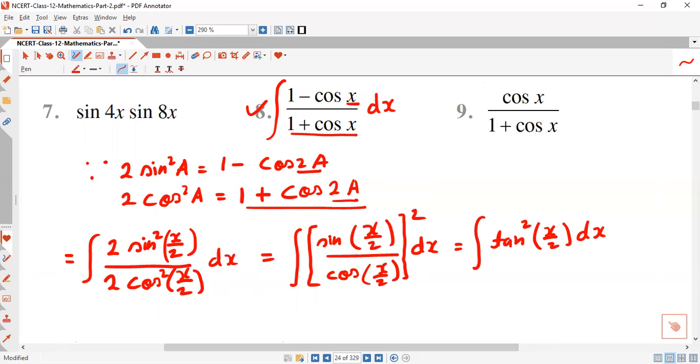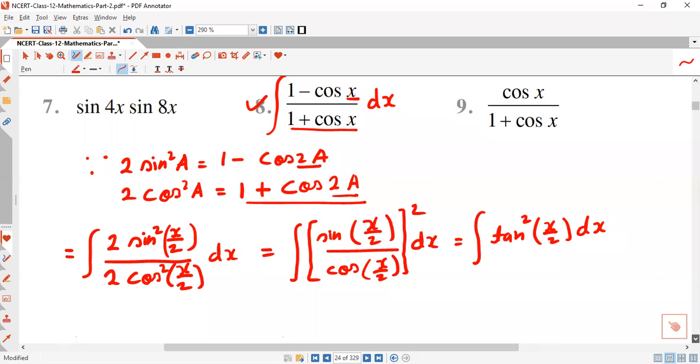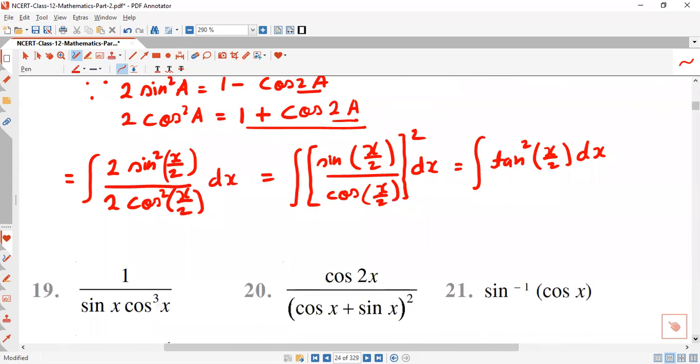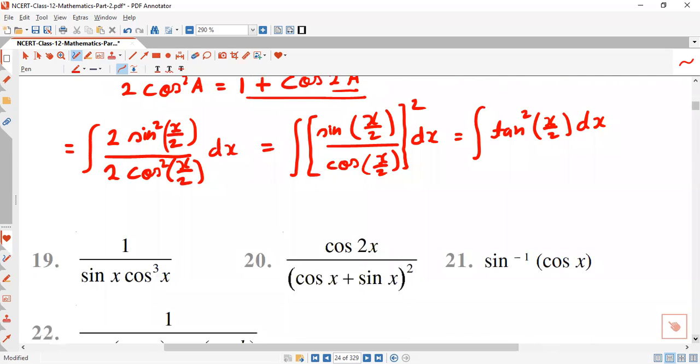Now we don't know the formula for tan square, but we know the formula for sec square. So again we use another trigonometric identity here. You know very well that tan square a equals sec square a minus 1.